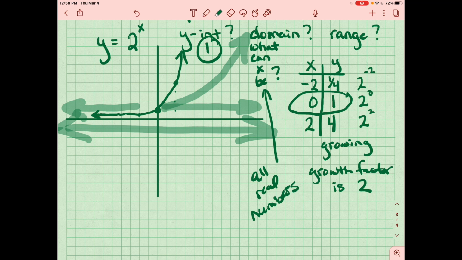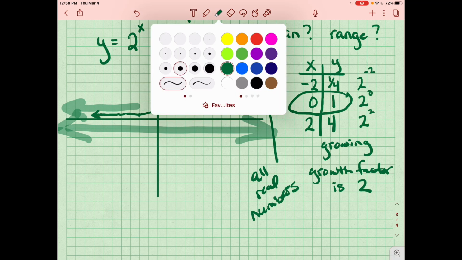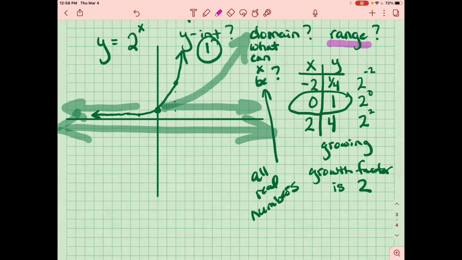And then we switch, and let's talk about range. Range is, what can y be? So we look up and down and ask, are there any limits on what y can be in this graph? Well, yes. Notice that y never goes below this point. It can go up forever as this line goes up forever, but it bottoms out and never gets down to 0.